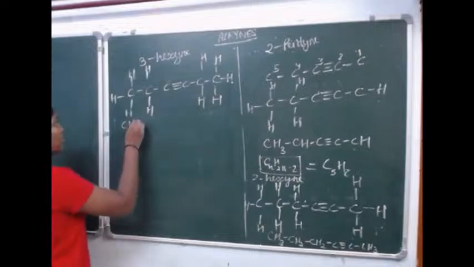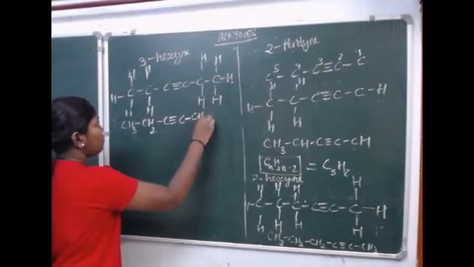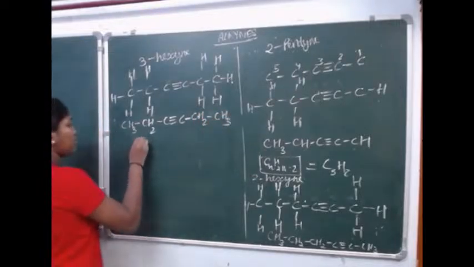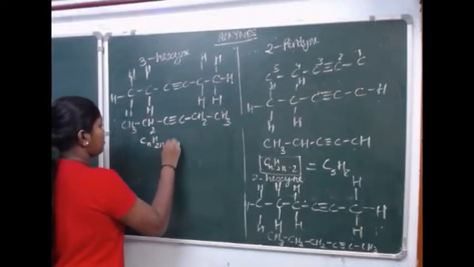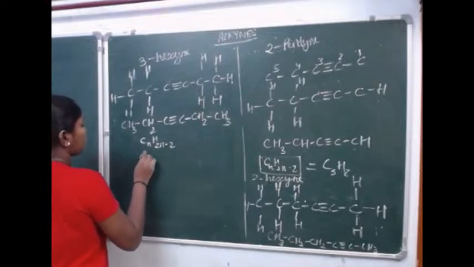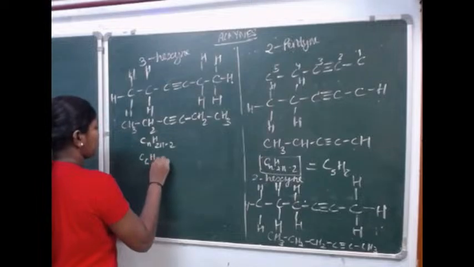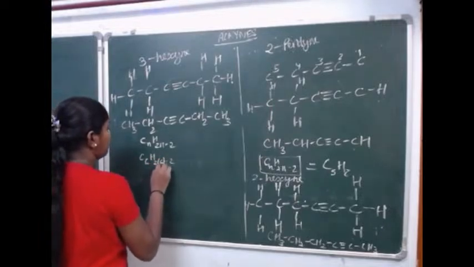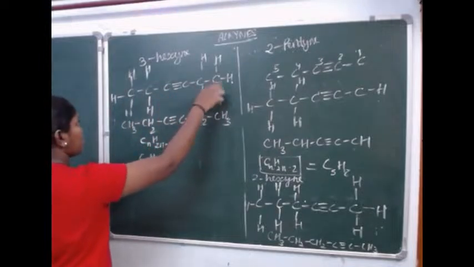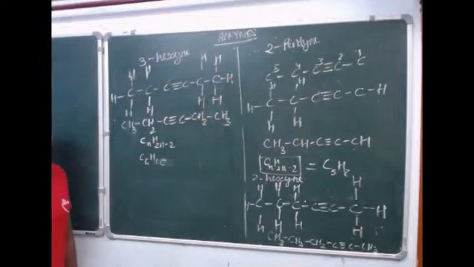CH3, CH2, C triple bond C, CH2, CH3. 3-hexyne. You check whether you are able to get the formula. N is equal to 6. Got it? Right, very good.